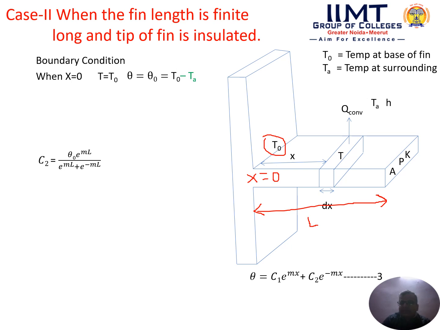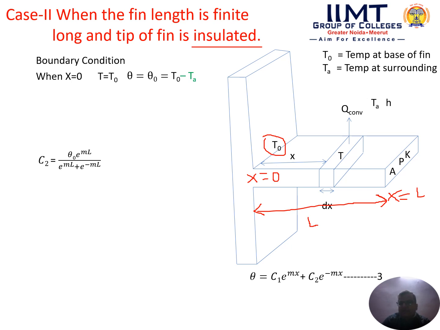At x is equal to L, we are at the tip of the fin, and here the tip is insulated. Because the tip is insulated, there is no heat transfer by the mode of conduction, and that is why the temperature gradient at the tip is equal to 0. dT by dx at x is equal to L is equal to 0.